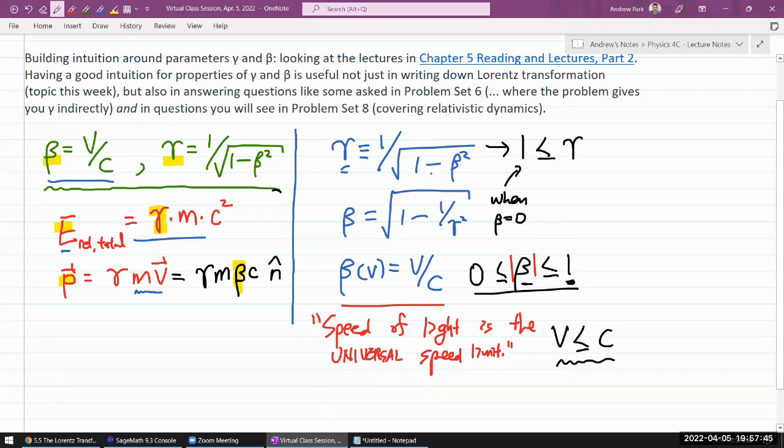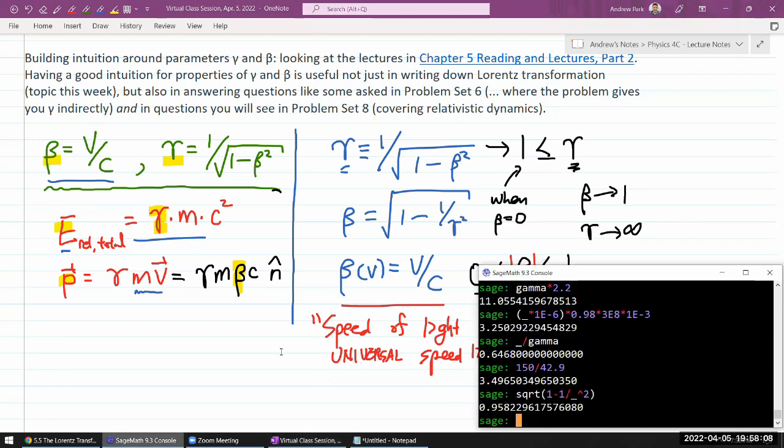The square root of a very small number is still small. 1 divided by that small number is large. So gamma has no upper limit. As beta approaches 1, gamma will approach infinity. And that's what you would see on a plot here.